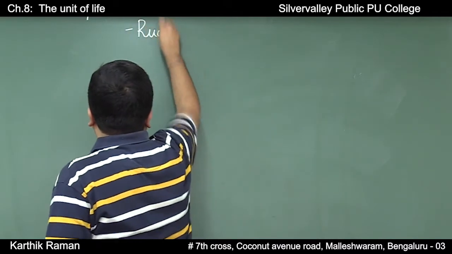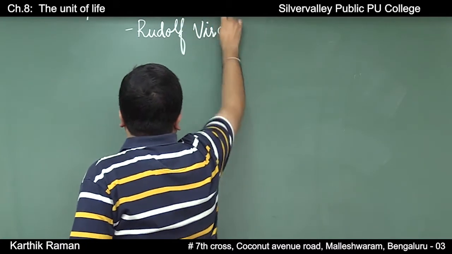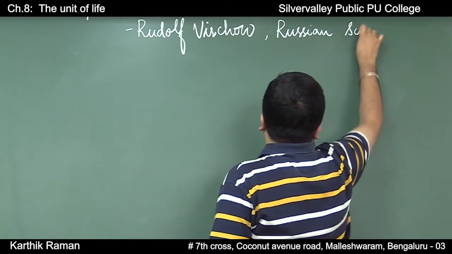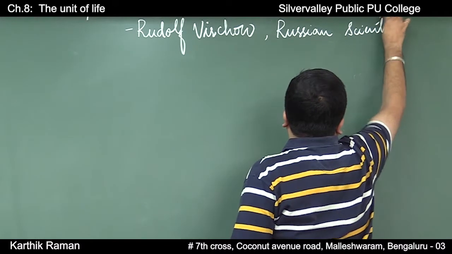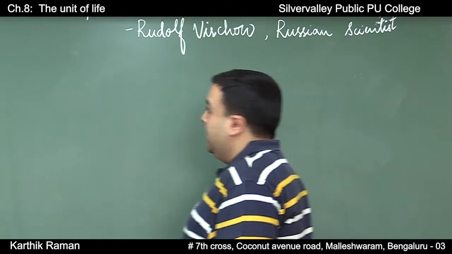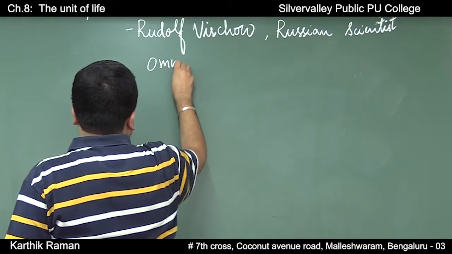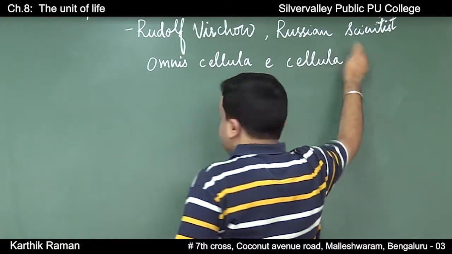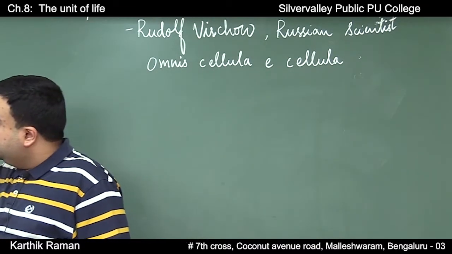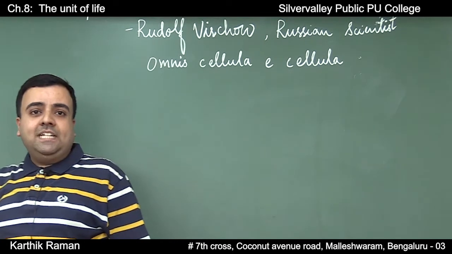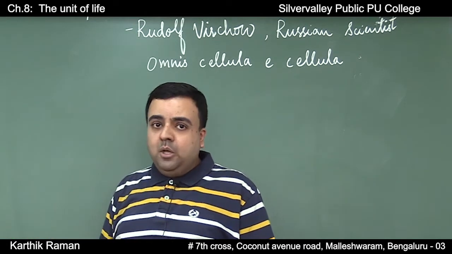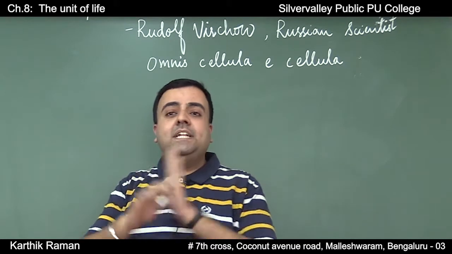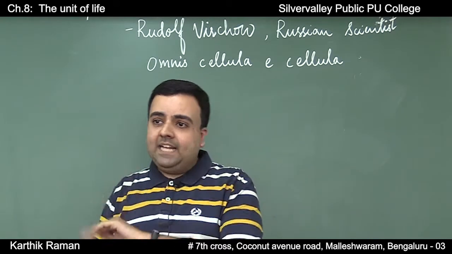Next, we have the contribution of the third scientist. He is Russian. His name is Rudolf Virchow. So Theodore Schwann and Matthias Schleiden proved beyond doubt that all living organisms are made of cells and that they are different from each other in plants and animals.